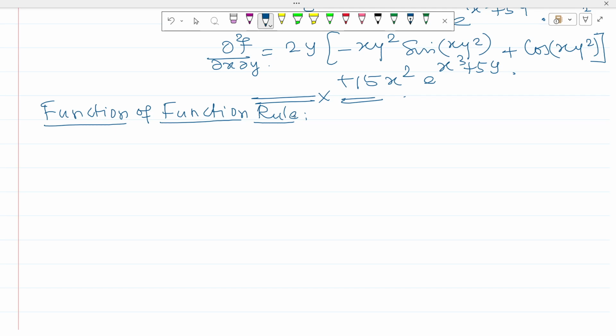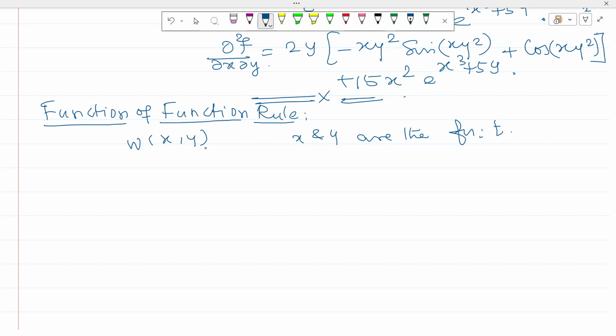In case I consider one function w of x and y, and x and y are the function of t, the same thing you are reading in function of several variables.